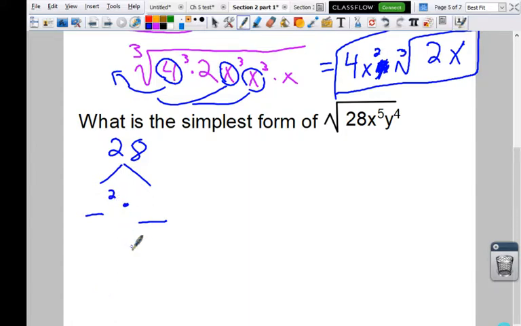Alright, so I need something squared that'll give me 28. So, Ermaya, what's 2 squared? 4. Can I multiply 4 by something to get 28? Yeah. What is it? 4 times what is 28? 4 times 6 is 24. 4 times 7 equals 28.